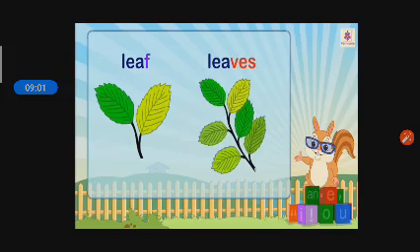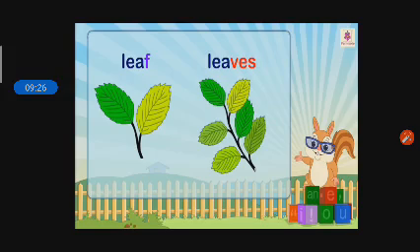Okay, the last letter is F, but whenever you want to make the plural form, you have to drop F and write VES instead of F. See, in the answer I have not written F but I added VES.